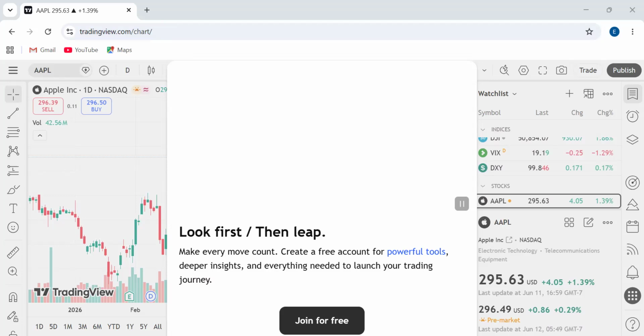This pullback basically is a valid pullback that I can call my liquidity, but I will not fully call it my inducement liquidity yet until it has gone back to close above the body of that candle that caused the market structure shift or the multiple break of structure. Now, you can see here, my market structure shift is here, right?